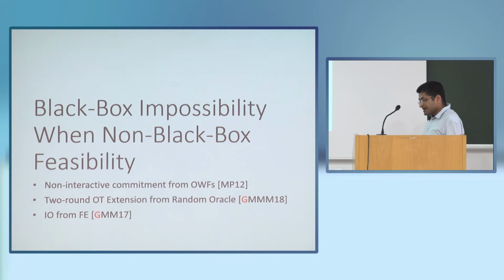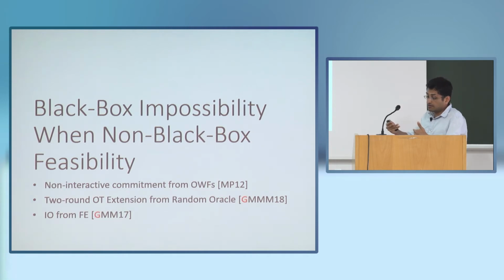So you might imagine that, well, you have all these non-black box techniques. Should we forget about black box impossibility results? Well, no, right? Because there are various reasons why black box impossibilities are still meaningful, even in a context where we might have a non-black box feasibility result, because they point to potential efficiency results.